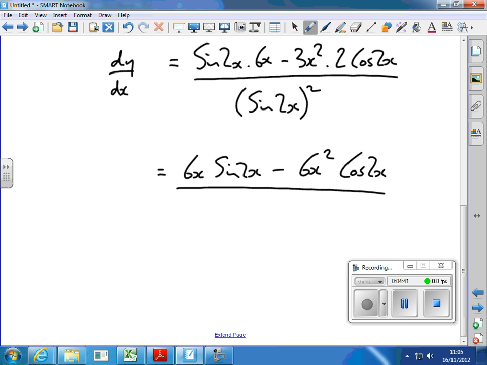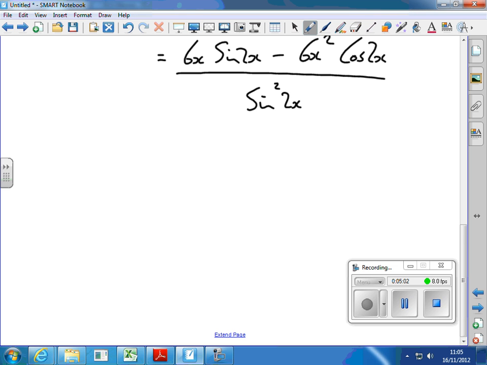There's a convention that we talked about before. For sine 2x all squared, we would write sine squared 2x, and if I put the square here, that means the sine of 2x all squared. So that convention we use to mean sine 2x is squared. Now we can factorize.